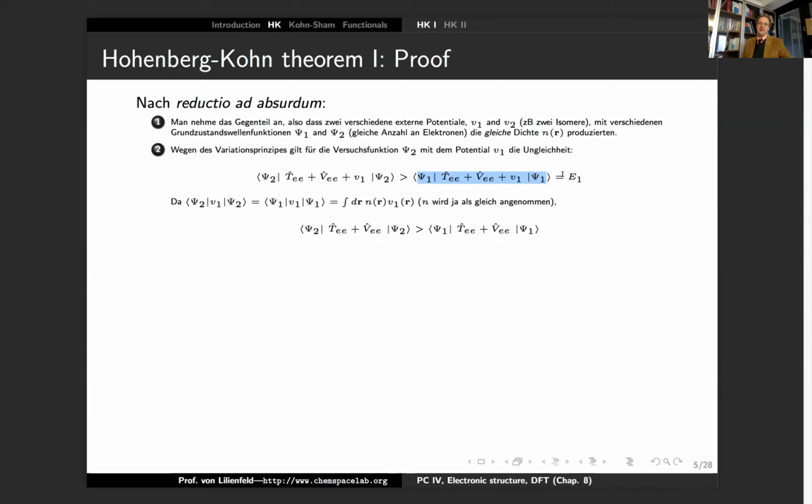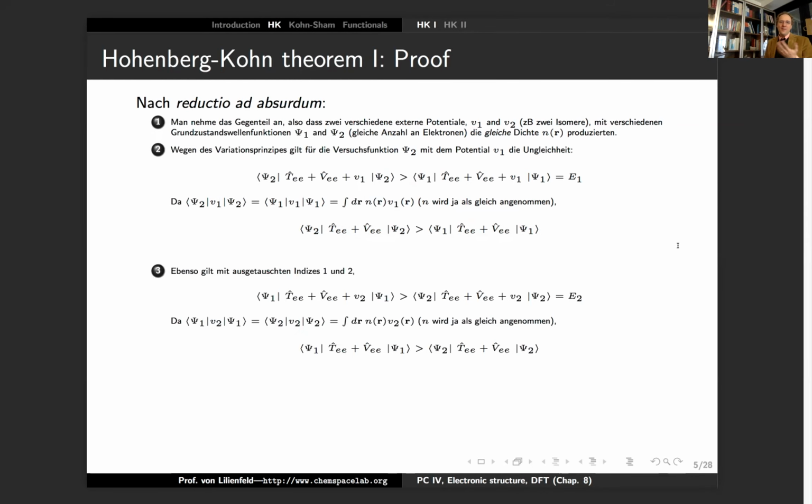And that is, of course, just my energy of butane, right? Now, with the electron density being the same, it means that the part with the external potential V1, one with psi2 and one with psi1, must map towards the same electron density. And hence I can cancel it from the inequality, right? So this part cancels away. And so I have this inequality left.